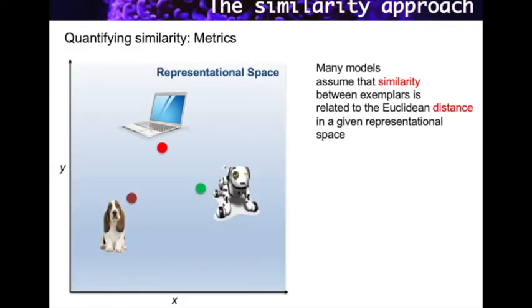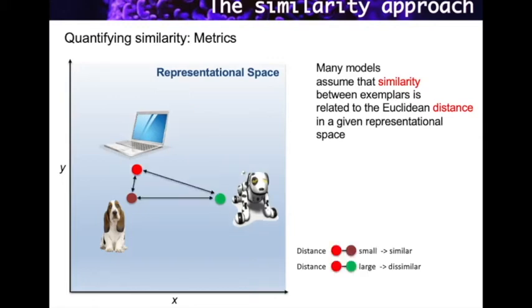Now, how do we quantify the degree of similarity between elements? Many models assume that similarity between exemplars is related to the Euclidean distance in a given representational space. For example, in the figure, we may observe that the computer and a real dog are closer in distance in this representational space than the computer and the robot dog.